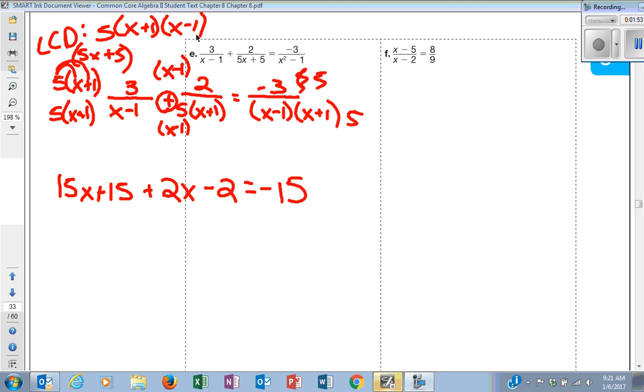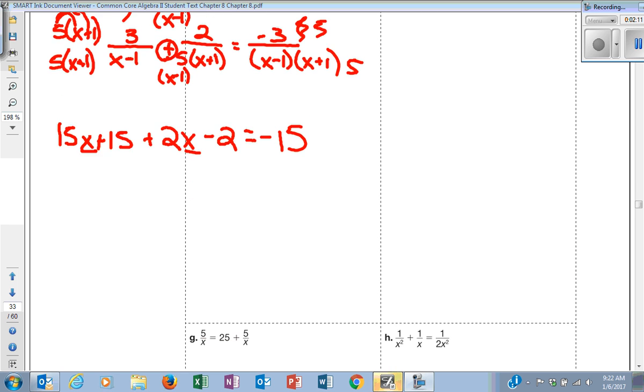There's only one x in this, no x squared, so I don't have to set this equal to 0. I can get everything away from the x and solve for it. So I'm going to combine like terms and get 17x plus 13 equals negative 15.